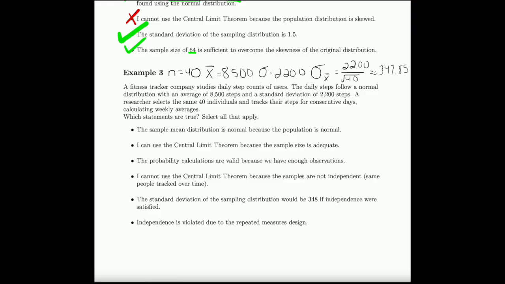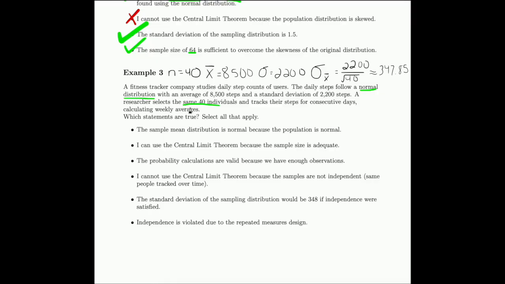Now, at first glance, we see that the population distribution is normal. We have that right here. We also have that the sample size is 40. So right now, those two criteria are met.